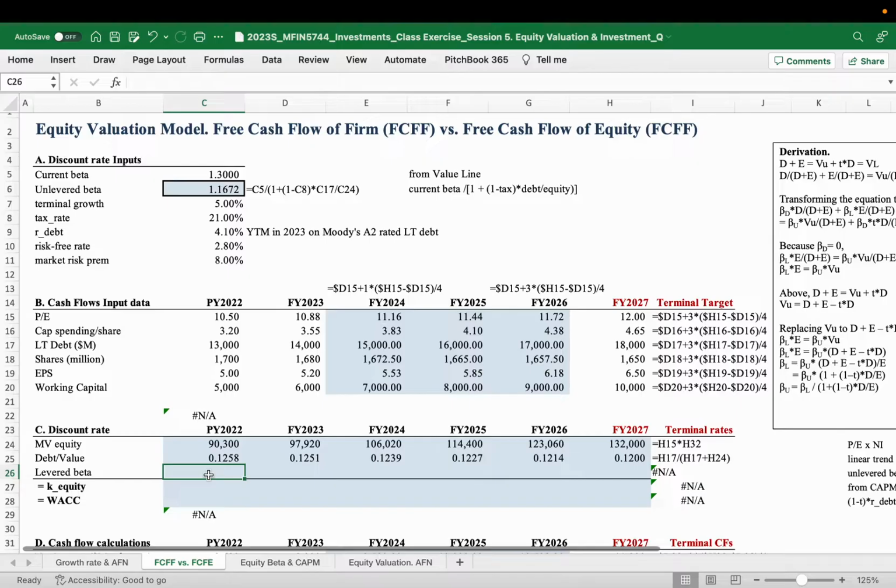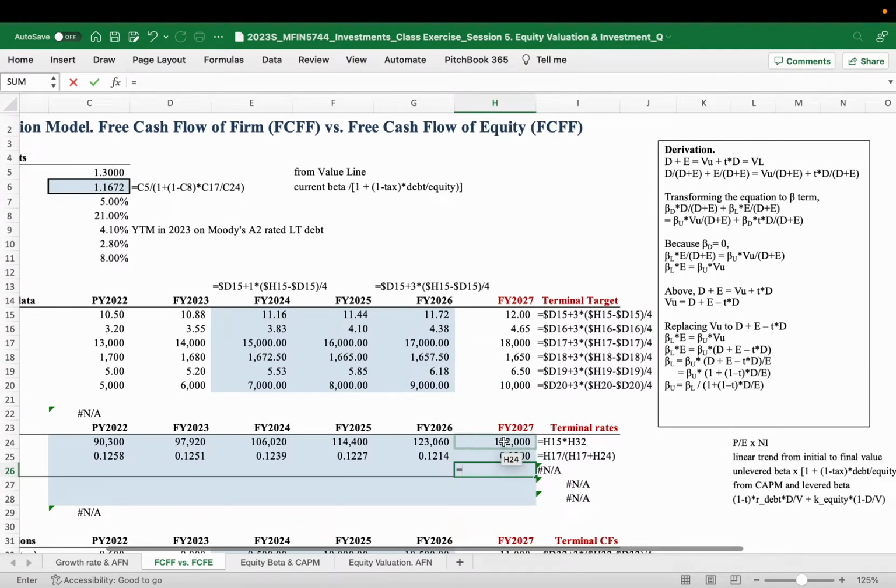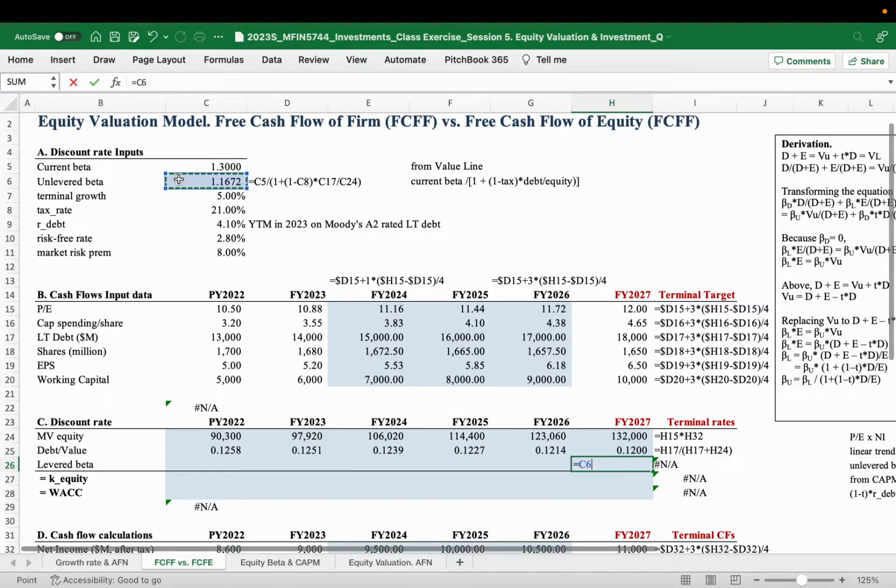Now let's calculate the levered beta. How do we calculate this levered beta? What equation do we need to use? Let me start from the last year. Once you got this unlevered beta, we have the unique capital structure. We use the levered beta equation. So the unlevered beta, we need to fix.